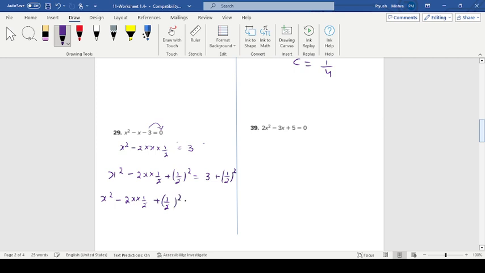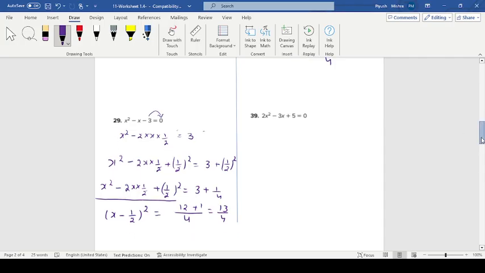Again further write the same, and here if I solve, 3 plus 1 by 4 it will give. This total you can write like x minus 1 by 2 whole square is equal to, to solve it further, 4 3s are 12, plus 1. Taking LCM, it will give you 13 by 4. Okay, going down again.